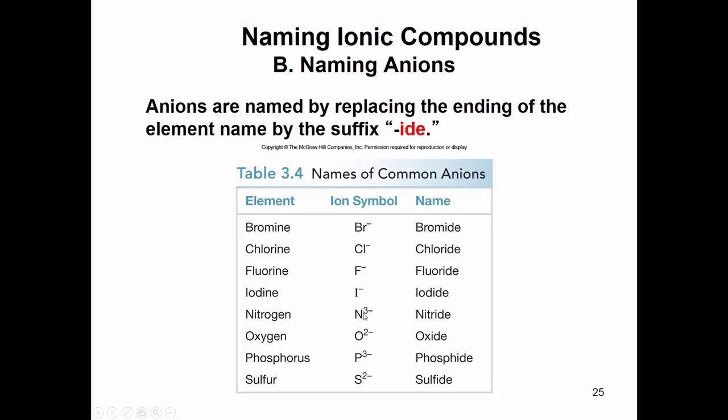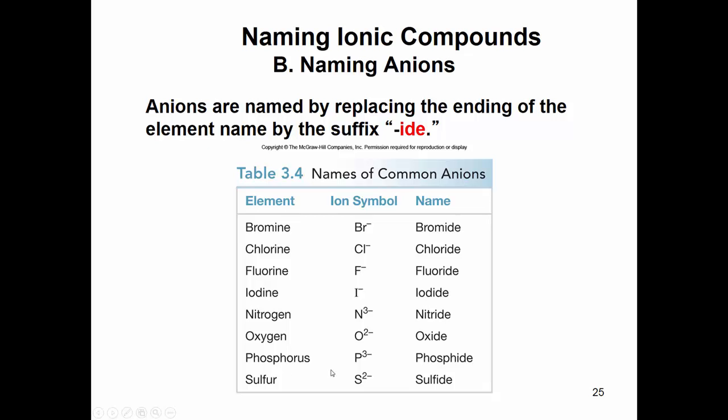Nitrogen's in group 5, so it needs 3 electrons to be like the nearest noble gas, so it has a -3, and we would call it nitride. So you drop the ending and add IDE. Oxygen becomes oxide. Most everyone's heard of carbon monoxide and so forth.